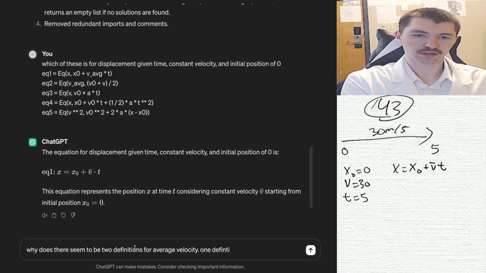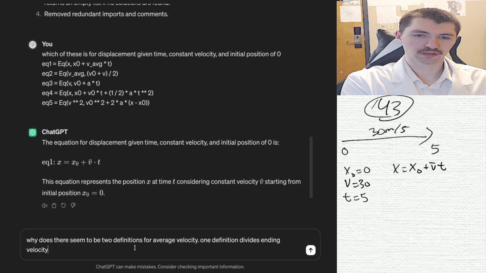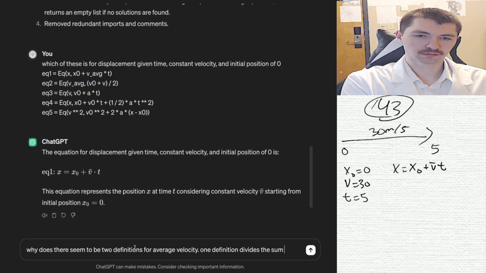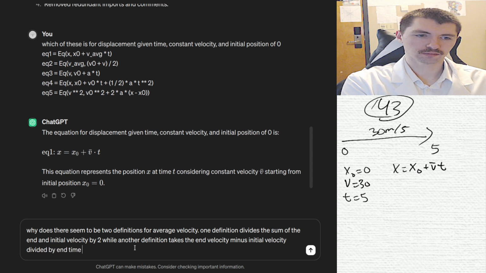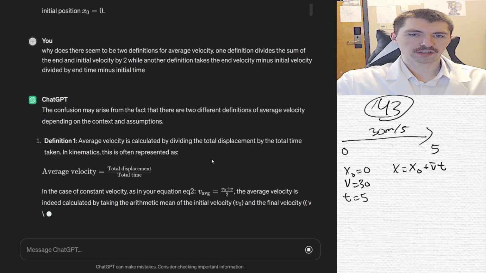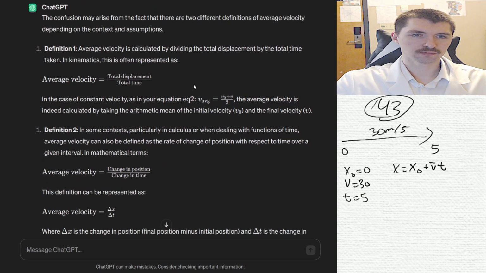One definition divides ending velocity, while another definition takes... or two different definitions of average velocity depending on the context and assumption. Okay.